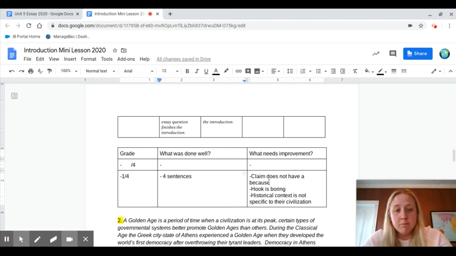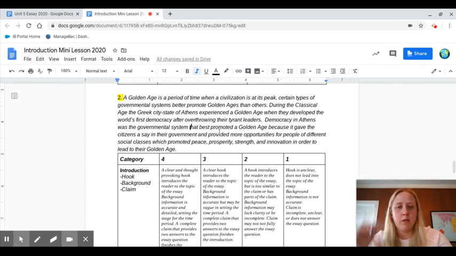The claim does not have a because, right? It's not specific enough. The hook is boring. And the historical context is not specific. It should have set up democracy in Athens for us. It should have told us a little bit about Greece. Okay, so hopefully, you gave it a 1 or maybe a 2, but hopefully you realize that this was a pretty weak introduction.